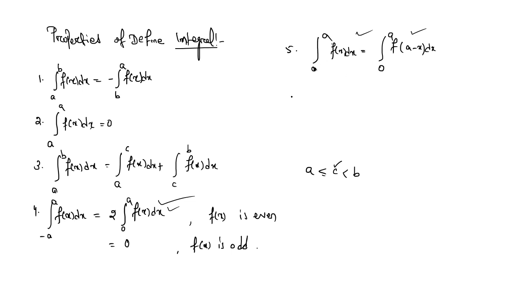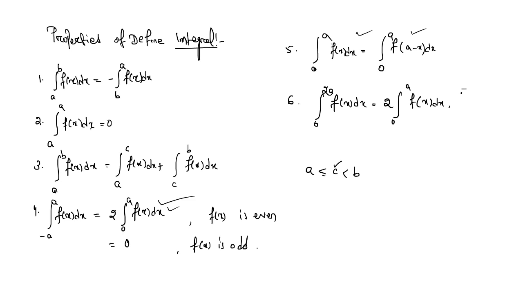Okay, चलिए next, 0 to 2a f of x dx equals to, this is also written as 2 times 0 to a f of x dx.